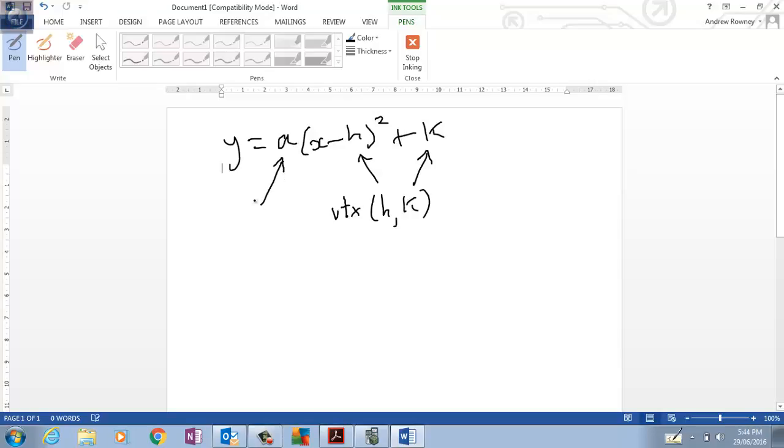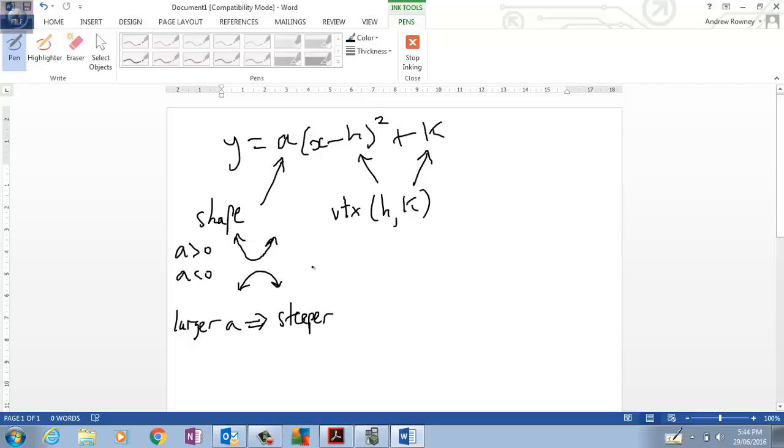Once again, the a out the front is exactly the same as the previous case: it determines the shape. If a is positive, then the graph goes up. If a is negative, the graph goes down. And the larger the a, the steeper or narrower the quadratic graph.